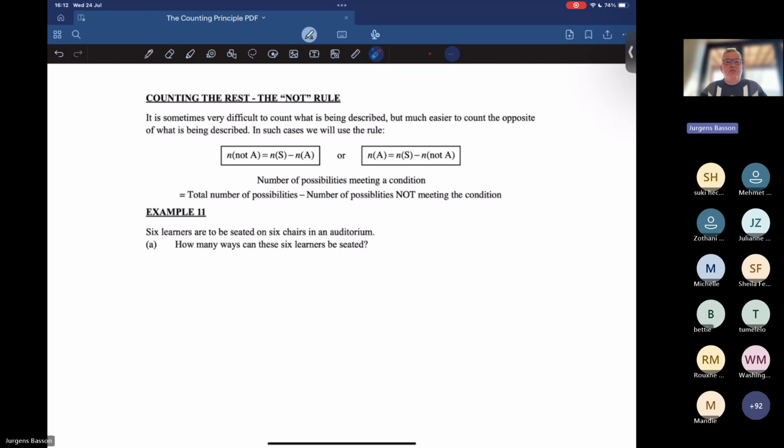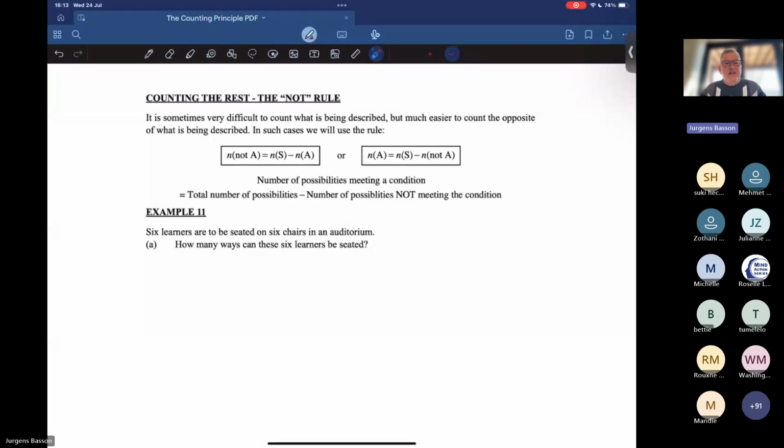And it's the N of S minus the N of A. Or the N of A is equal to the N of S minus the N of not A. So the sentence I wrote there above, I said that it's sometimes very difficult to count what is described exactly, and much easier to count the opposite. And then we subtract it from the sample space. But let's have a look at this problem, and then you will exactly see what I mean by this.